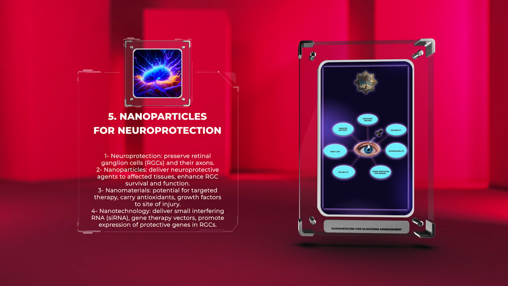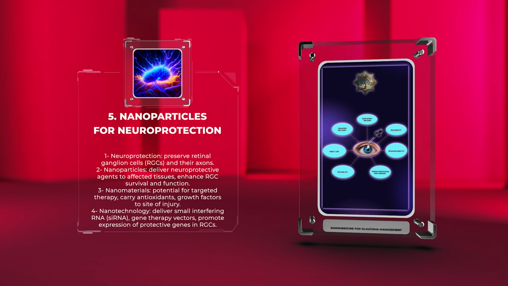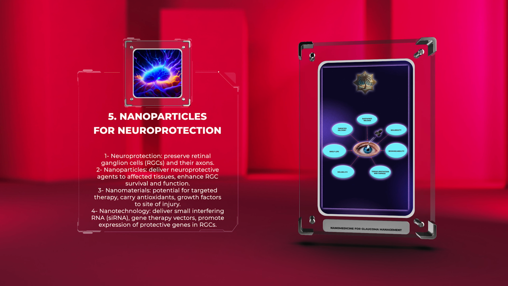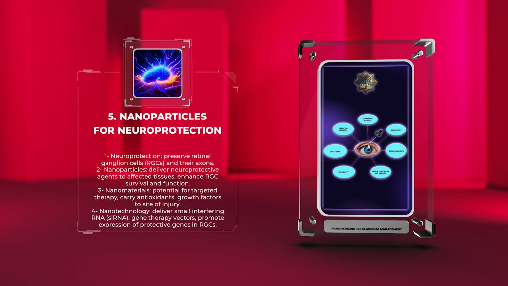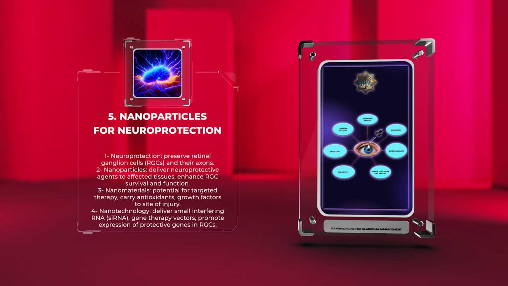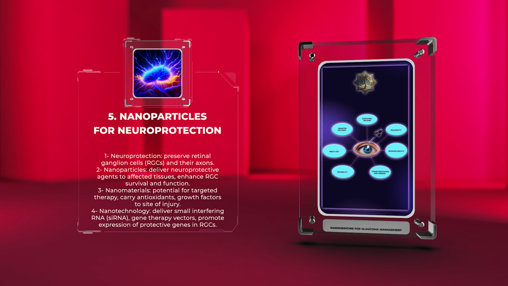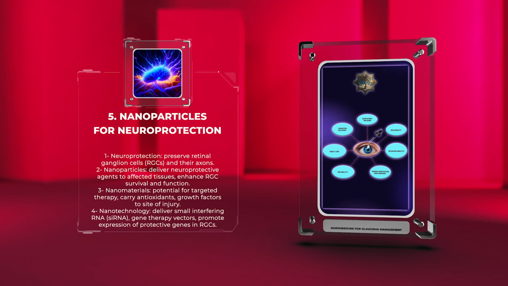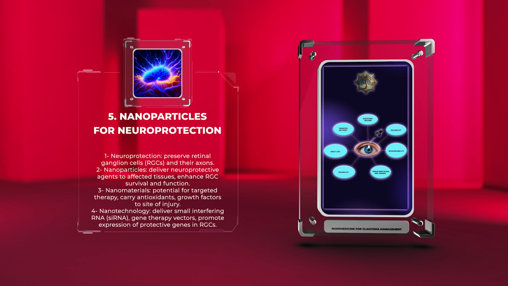These nanoparticles can carry neuroprotective agents, such as antioxidants and growth factors, to the site of injury, providing targeted therapy for neurodegeneration. Additionally, nanotechnology can be utilized to deliver small interfering RNA, siRNA, or gene therapy vectors, promoting the expression of protective genes and RGC survival. The integration of nanotechnology into neuroprotective strategies holds great promise for slowing down the progression of glaucoma.